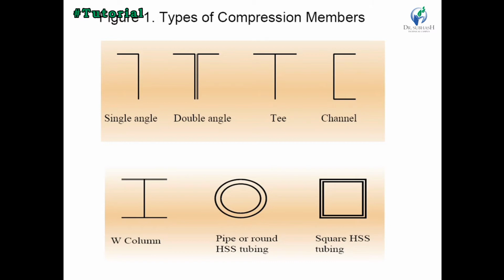So what is an equal angle? When the size of the angle, or you can say the size parameter, is equal in both legs, it is called an equal angle. What is an unequal angle? When both leg sizes are different, it is called an unequal angle.